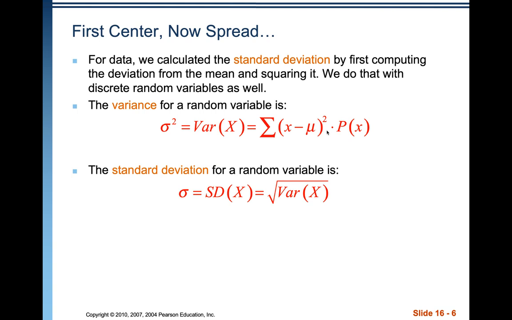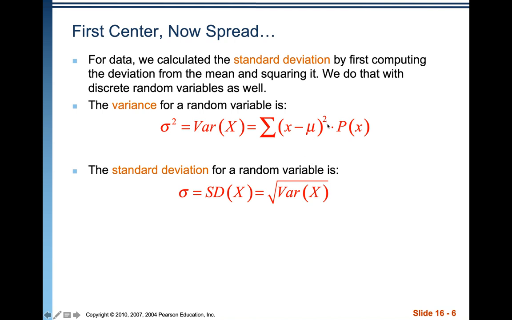Okay, we have the center. Now we want to be able to measure the spread, and we do that by calculating the variance and the standard deviation. You have to calculate the expected value or the mean first, because to find the variance, we are going to look at the difference between each value and the expected value, the mean.